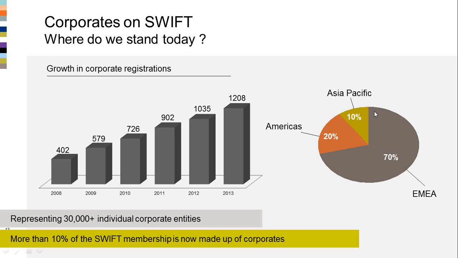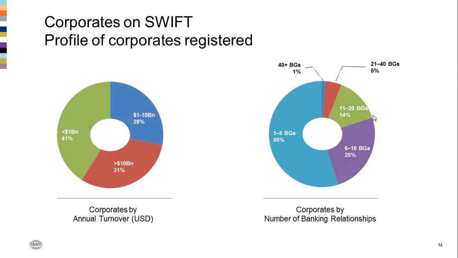If we then look at the types of corporates that we have connected to the SWIFT network and look at them in a number of ways, I think there's some interesting things to be gleaned here as well.